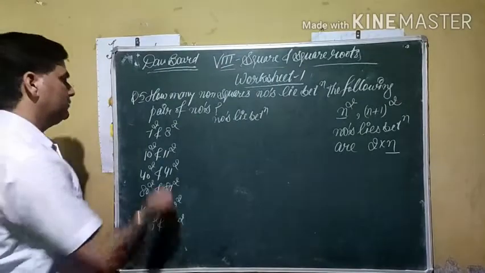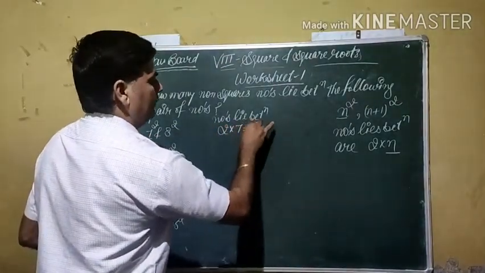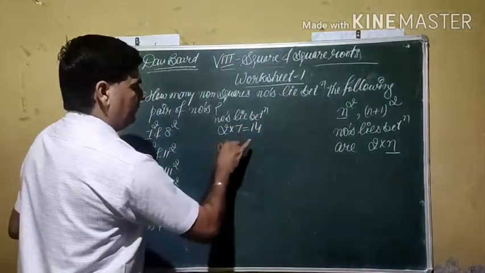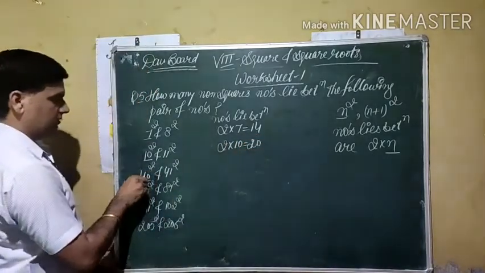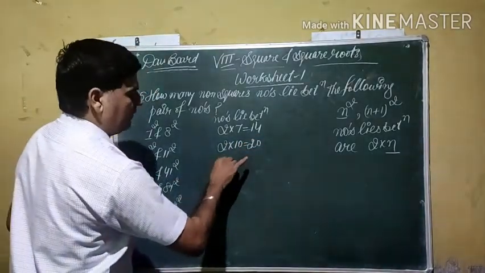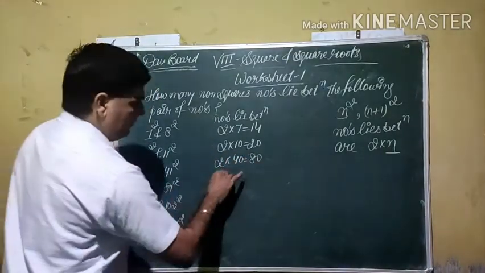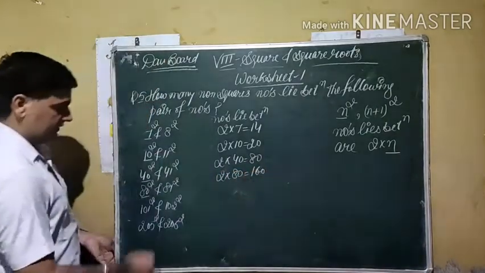So here the smallest base is 7, so double of 7 becomes 14 in the first pair. Here the smallest number is 10, so double of 10 becomes 20. Here the smallest number is 40, so double of 40 becomes 80.